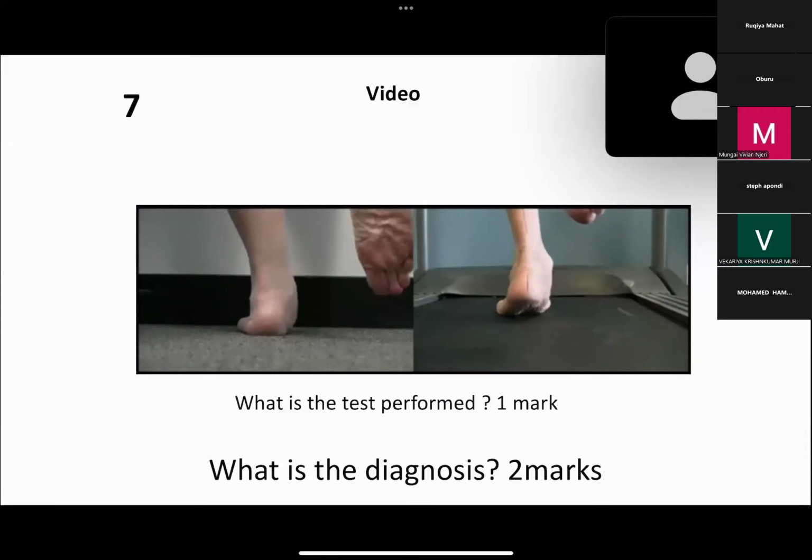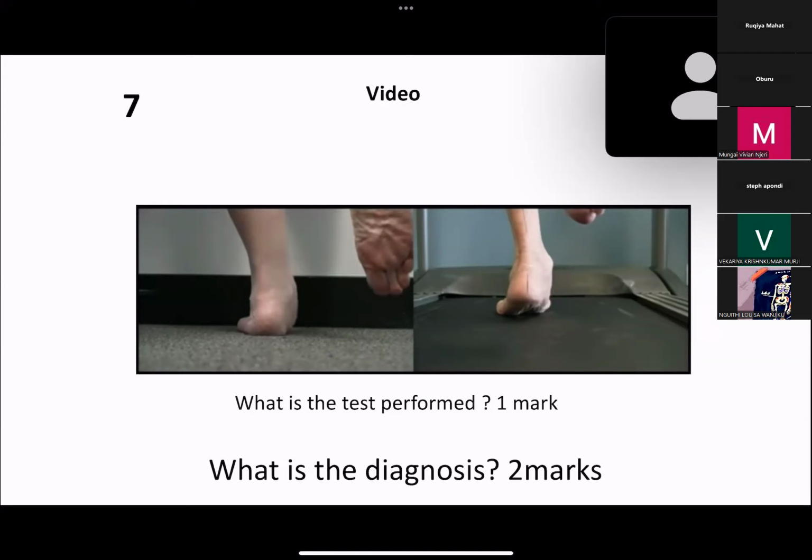You can have a double heel raise test or a single heel raise test. And in the single heel raise test, you're trying to check if the tibialis posterior is functional. If the tibialis posterior is functional, the patient should be able to do this without a problem. And sometimes you need to repeat this a number of times to see if the tibialis posterior is functional.